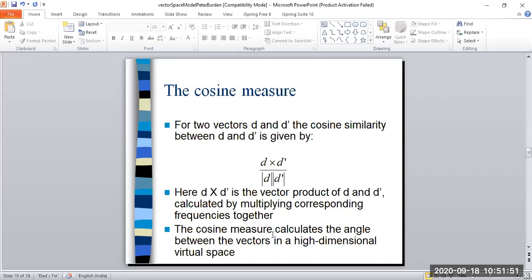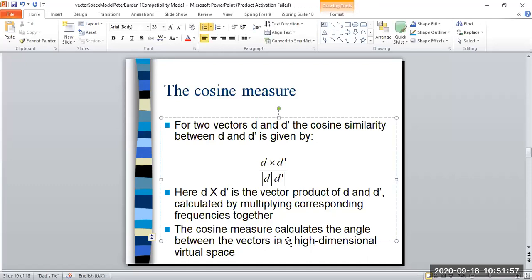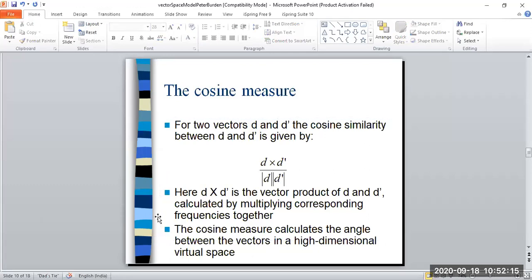The cosine measure calculates the angle between the vectors in a high dimensional vector space. This is the important point you have to look for: this method measures the angle between the vectors. The ultimate output will be the angle between the vectors in the vector space. Like I said, if the angle is smaller, then they are similar.